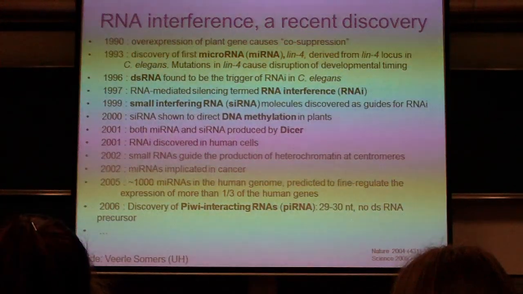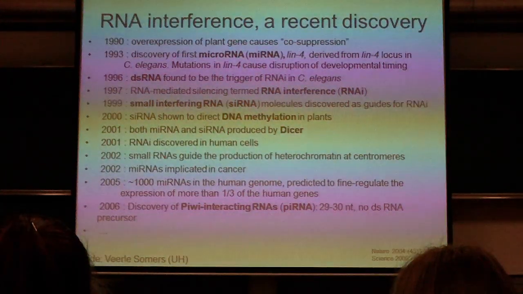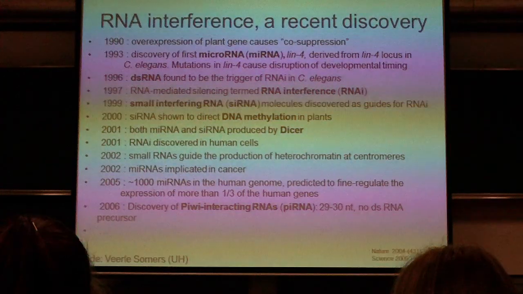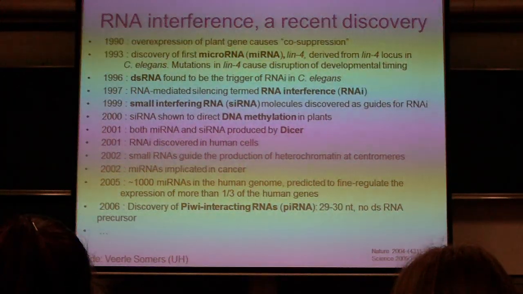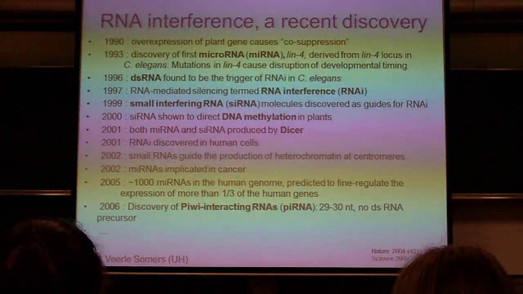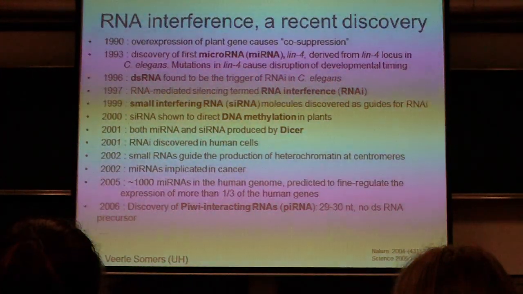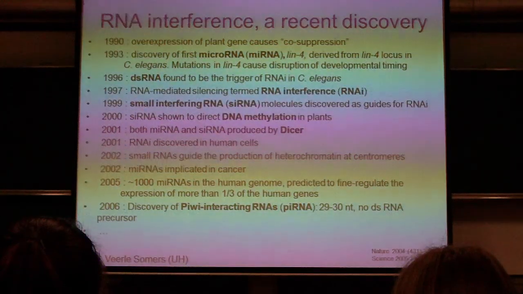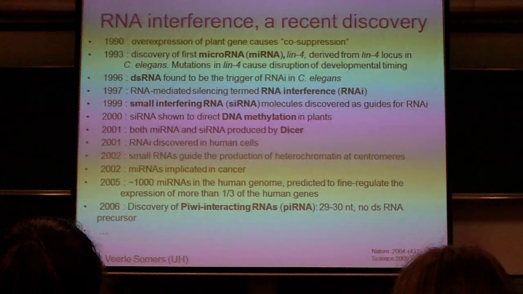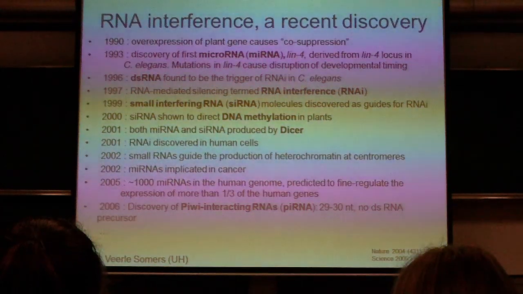But people did not really understand what it meant. So in 1993, Lin4 was discovered in C. elegans, a little worm. And nobody really thought that in humans, these small RNA molecules would also play important roles, but we know better now. In the meantime, lots of processes have been discovered.